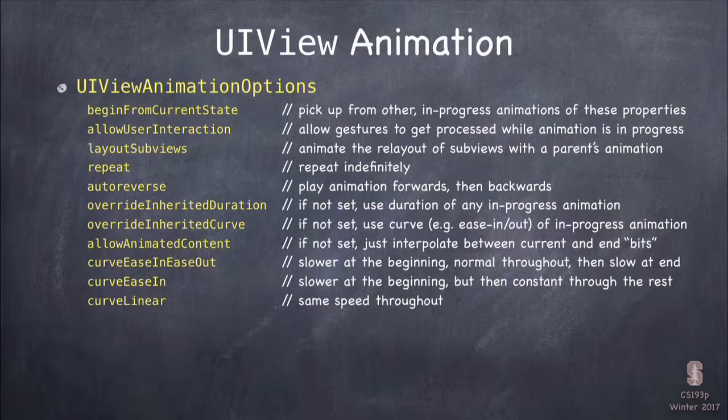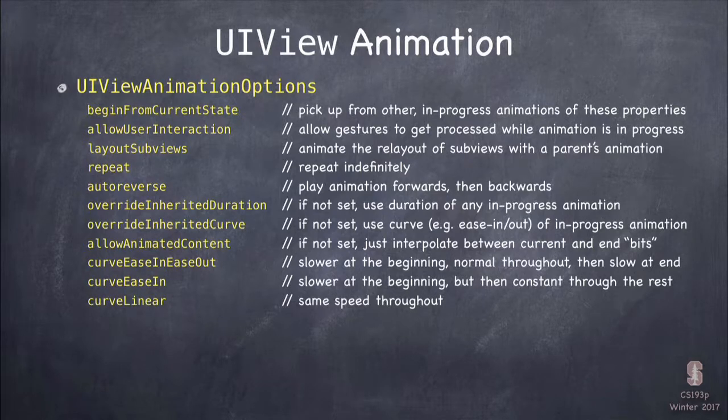Now, why do you want this? This is especially good for moving. When you're moving a view, you don't want a view to be on screen and go, bleep. You want it to kind of go, and then slow down at the end. If you move something in real life, you don't jerk it up here. You lift it up, and then you set it down. Same thing here. You want to lift the view up, move it over, and then set it down. Okay, so that's why curve ease in, ease out.